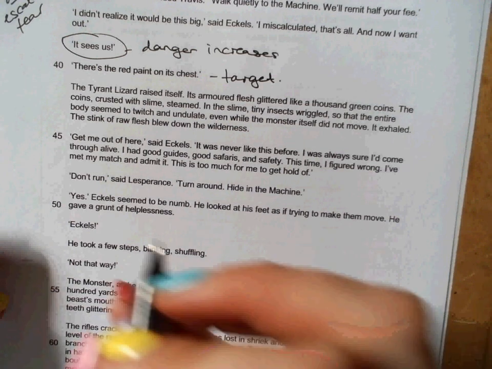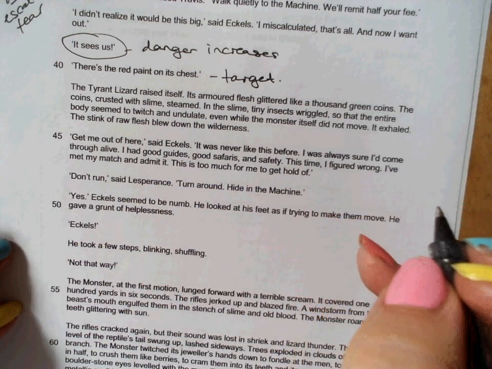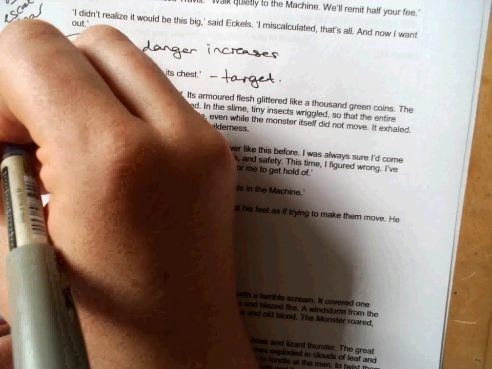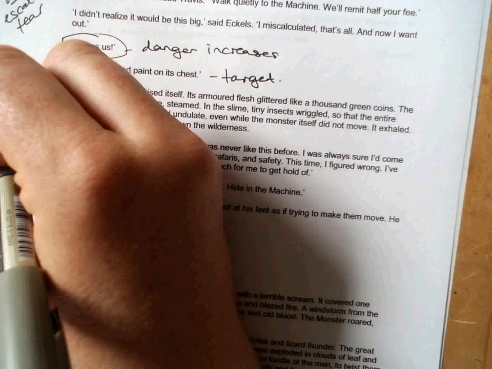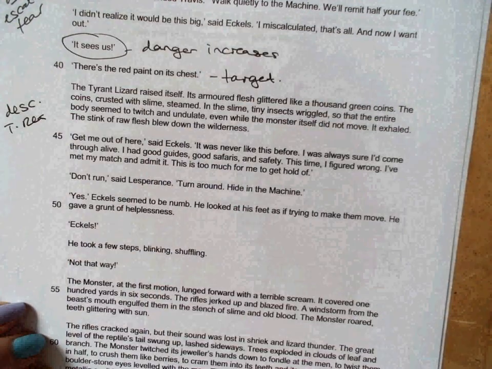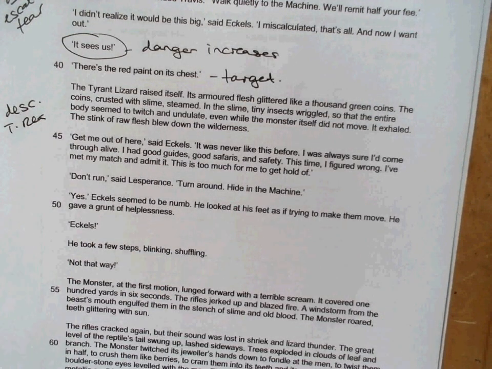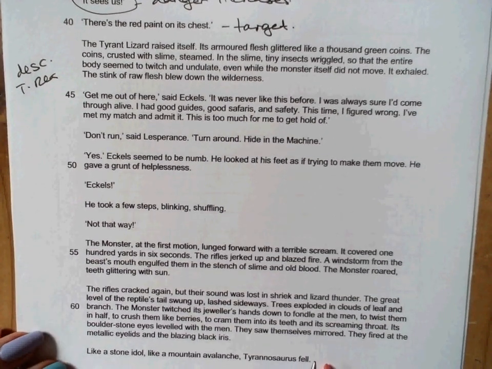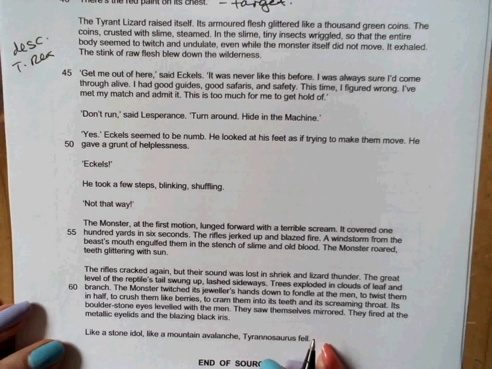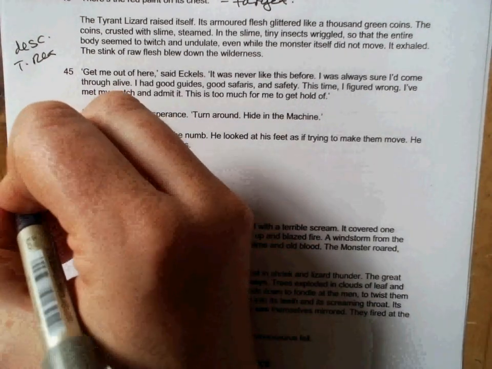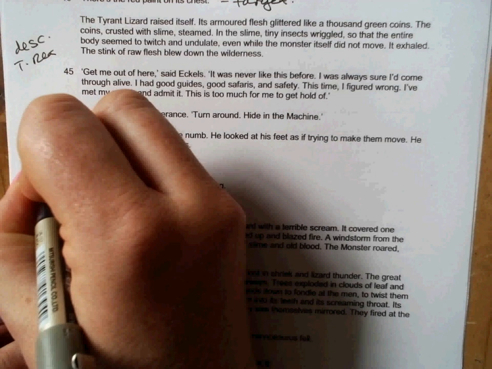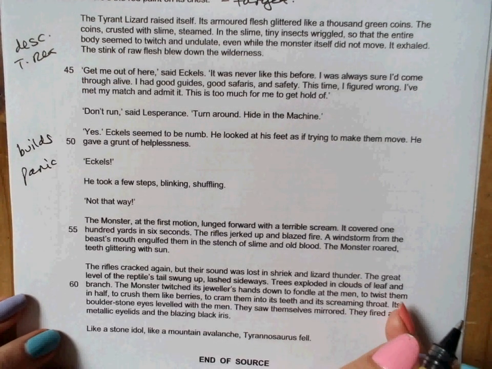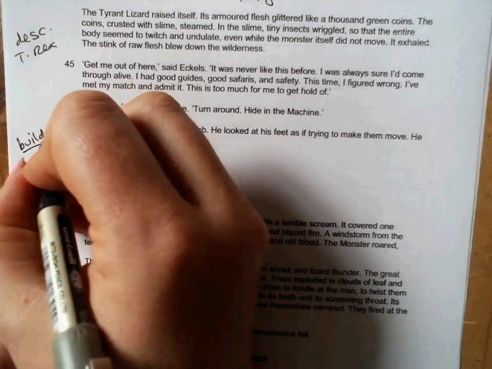Then it jumps between the dialogue and the description, so we get additional descriptions of the T-Rex and again more fear from the men in the dialogue. So we get a sense of panic. The writer builds panic through the use of dialogue and through the use of movement.